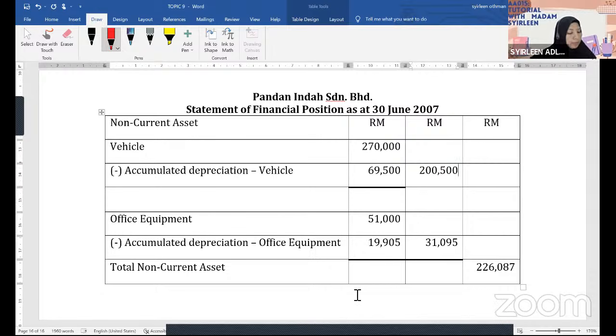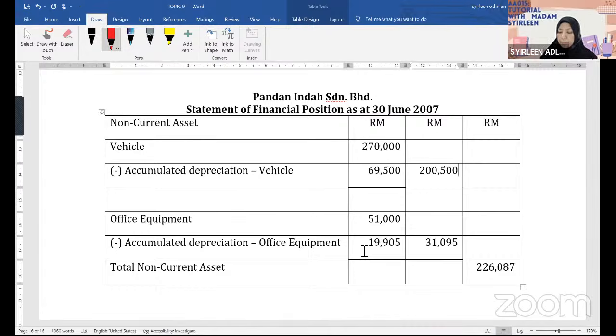Okay. And then for office equipment, all right, you have a balance of 51,000. Sorry, kejap. Mm, okay, your asset actually you ada balance 50,000 tadi. Okay. So you bought a new photocopy machine 6,500. Okay. Tapi kita ada disposal, right? So disposal.